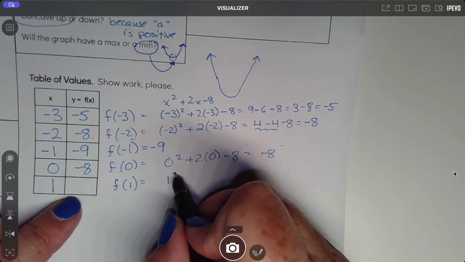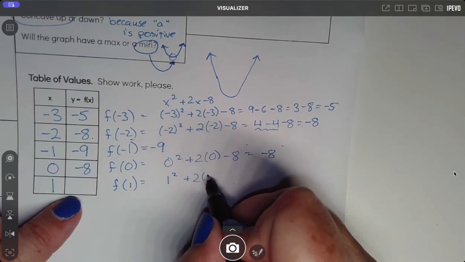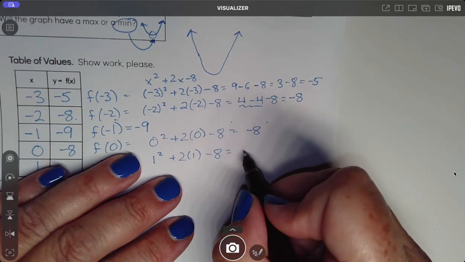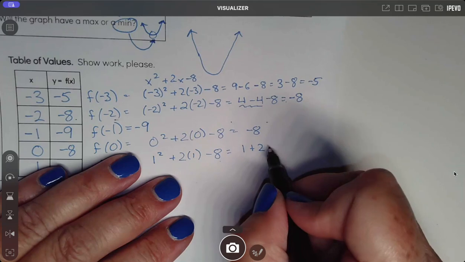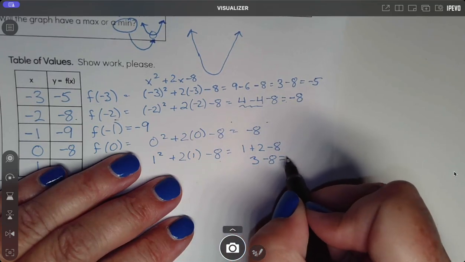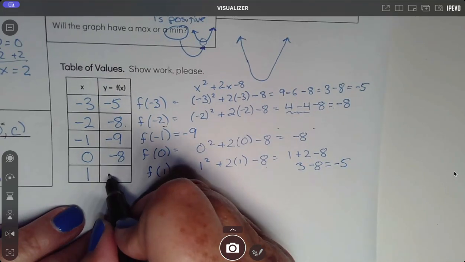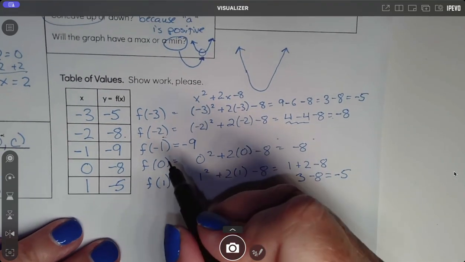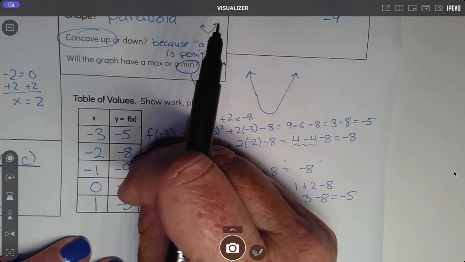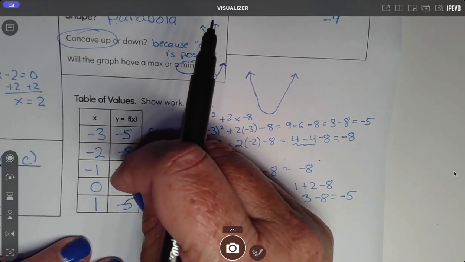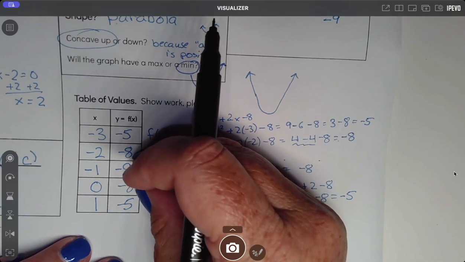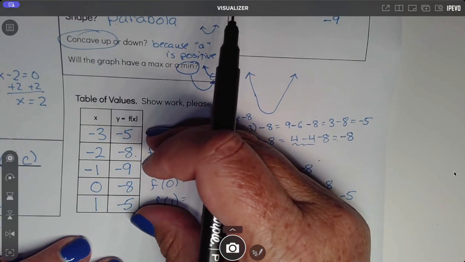So it would be 1 squared plus 2 times 1 minus 8. That is 1 plus 2 minus 8. 1 plus 2 is 3, minus 8 is -5. Now, if your vertex is in the middle of your table of values, then what you'll find is that this works its way out with equal values. So -9, and on both sides of that is a -8. On both sides of that is a -5.